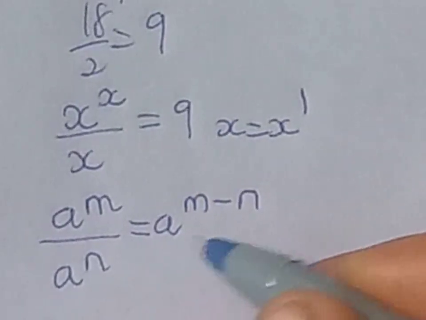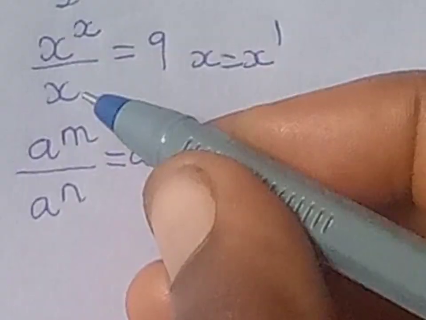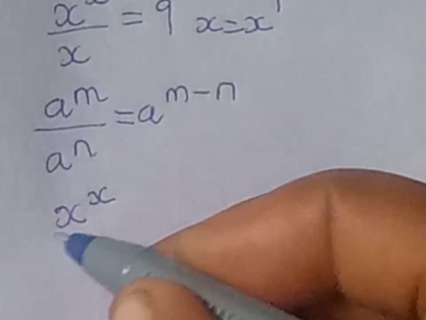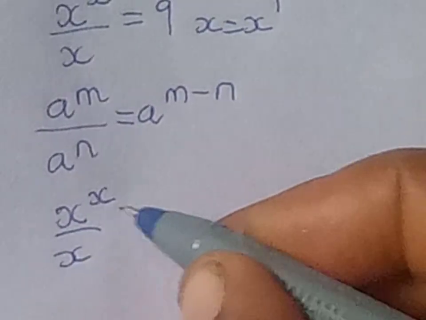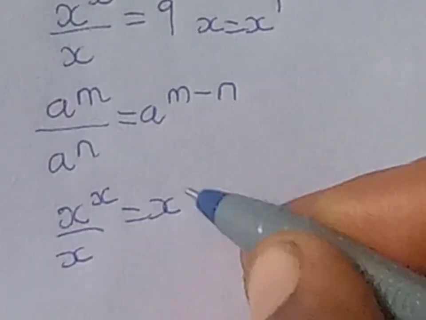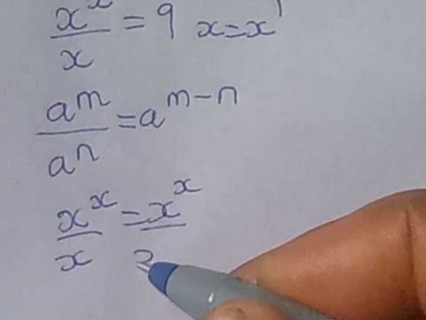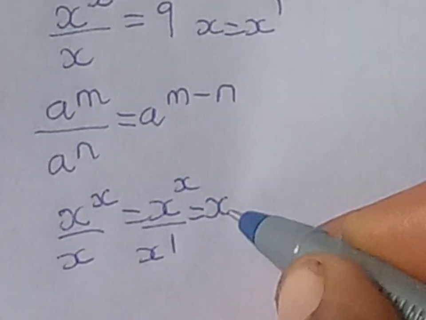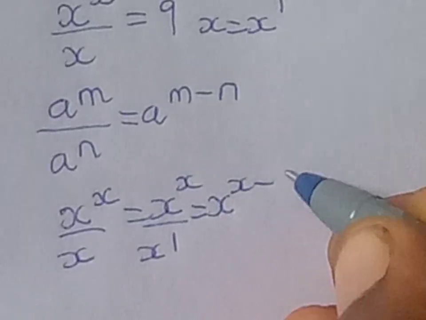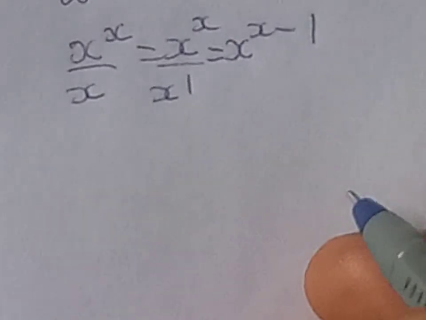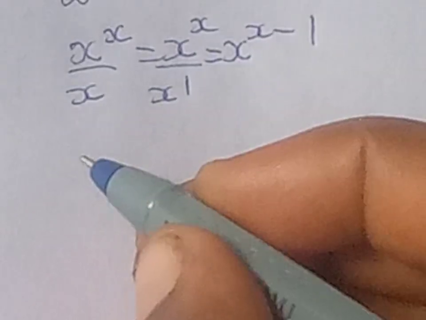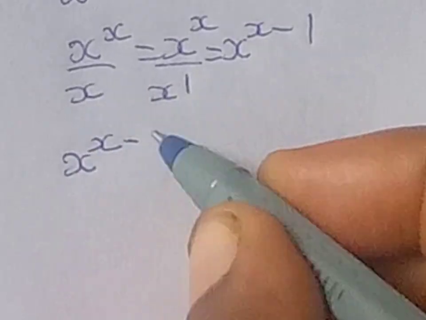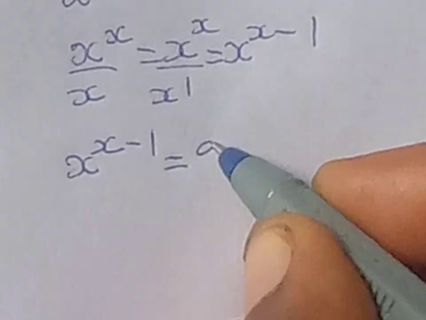Now let's apply this rule to this equation. That is, x raised to the power of x divided by x will give us x raised to the power of x divided by x raised to the power of 1, which is equal to x raised to the power of x minus 1. Now our equation becomes x raised to the power of x minus 1 equals 9.